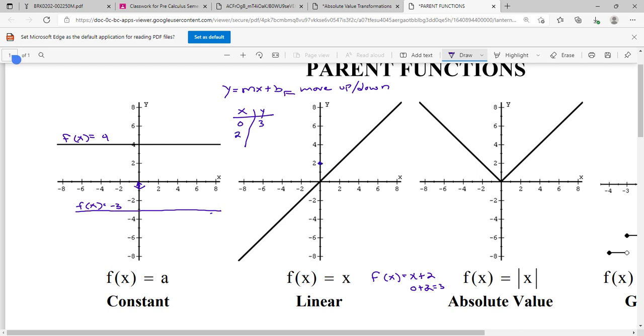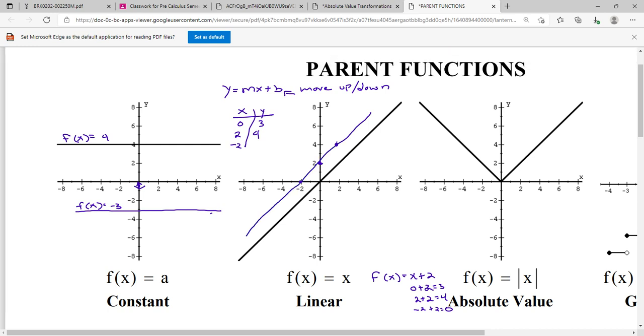Well, 2 plus 2 would be 4. So we would go 2, 4, that'd be right there. If we did -2, negative 2 plus 2 would be 0. So that would be right there. So that just shifted this same line, shifted it up 2 points. Just moved it up 2.